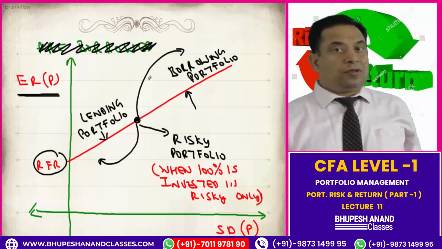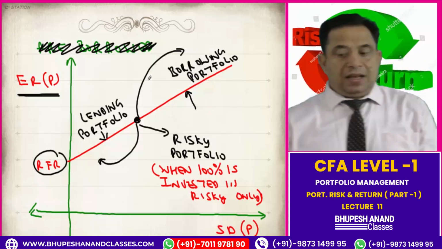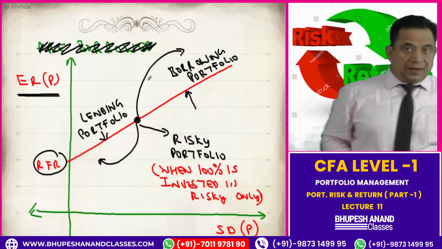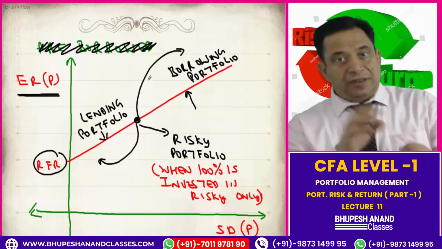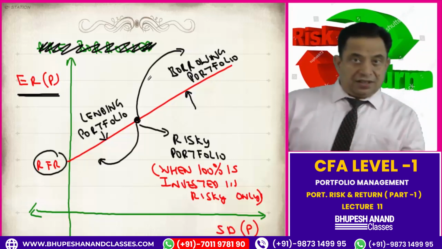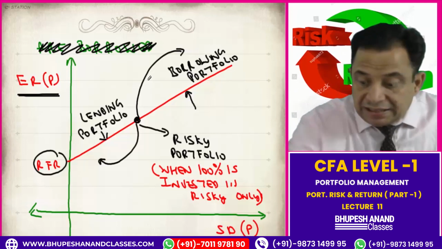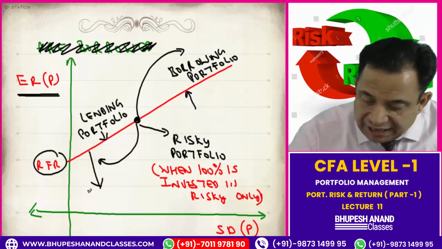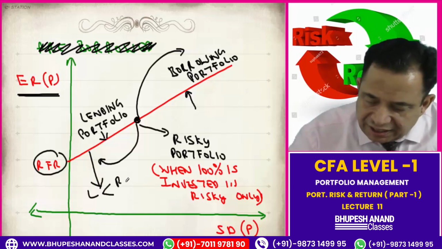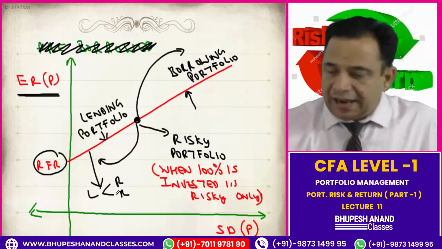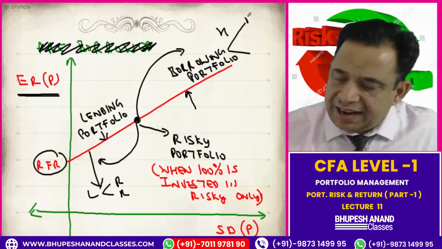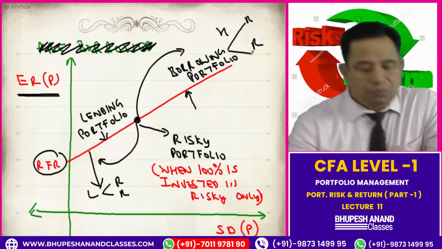If we are borrowing from risk-free and investing in risky. And what is lending? If we are investing in risk-free as well as in risky. So there will be less return and less risk in the lending portfolio, and high return and high risk in the case of the borrowing portfolio.